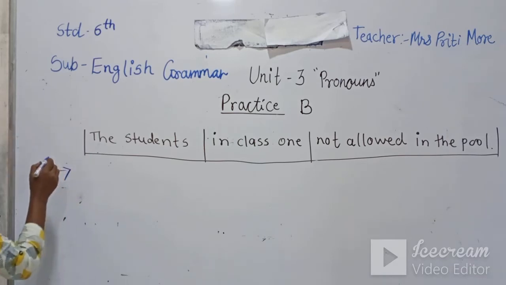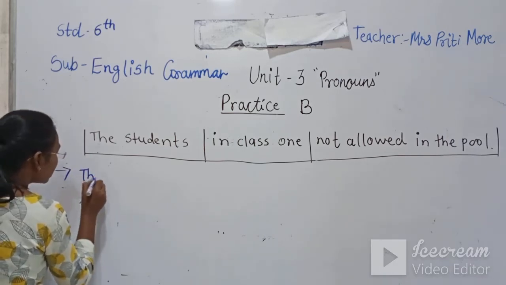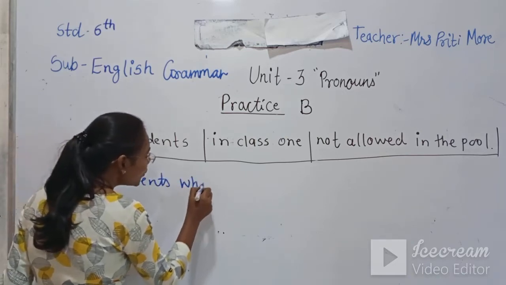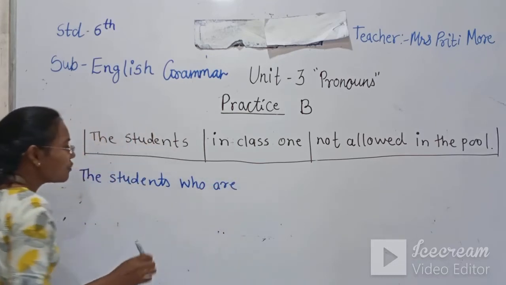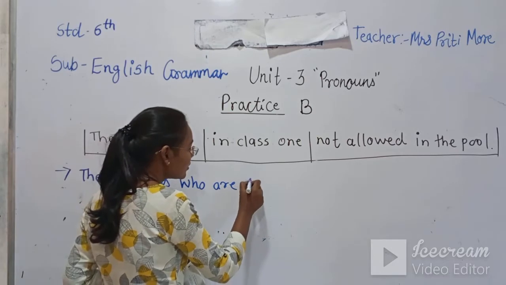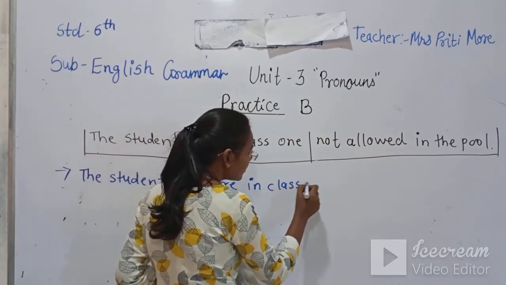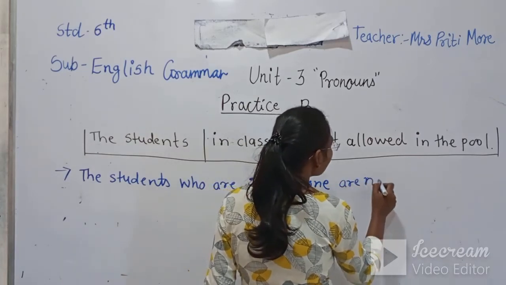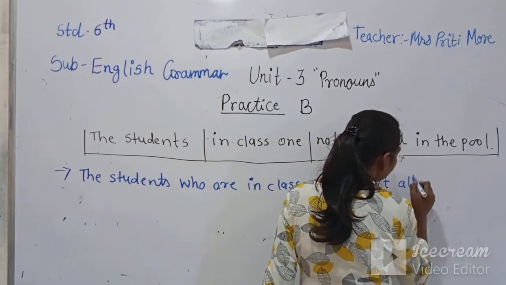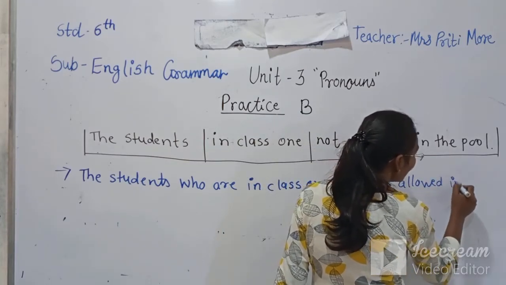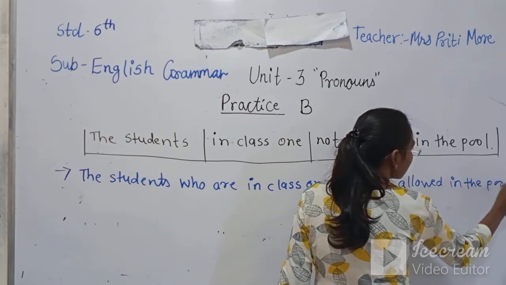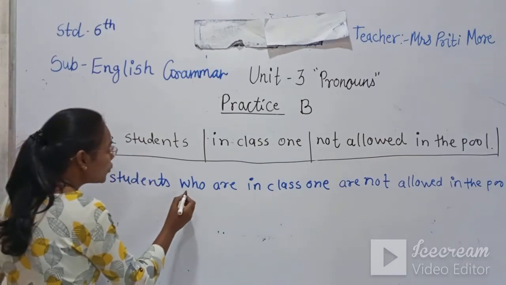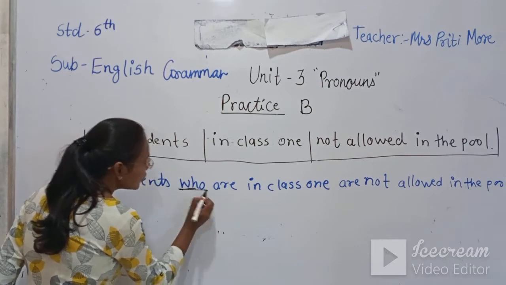So the answer: the students who are in class 1 are not allowed in the pool. So according to the subject, we have used the appropriate relative pronoun who. What do we use here? Who.